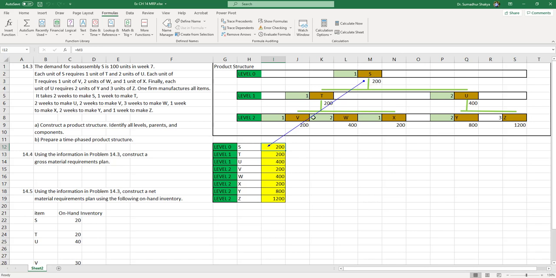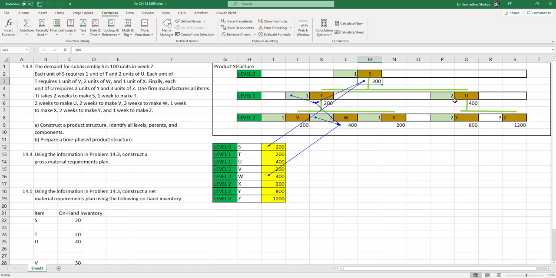But the structure helps us keep track of the numbers. So let's say for W, it's coming from cell number L9, wherein that number has been calculated by multiplying the multiplier for W, which is 2, times the 200. And then that 200 comes from 1 times 200 above here.